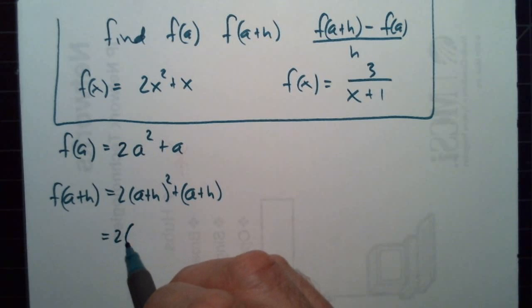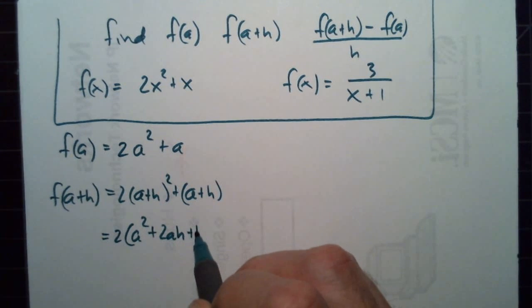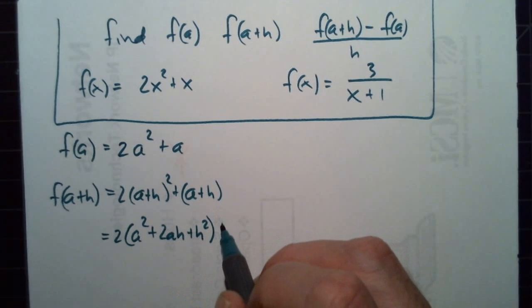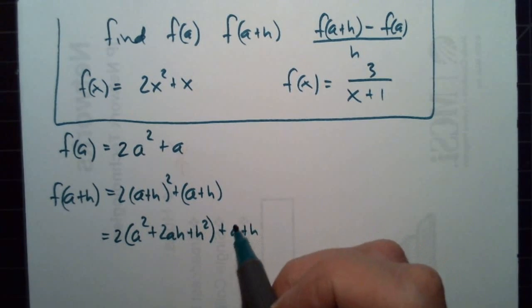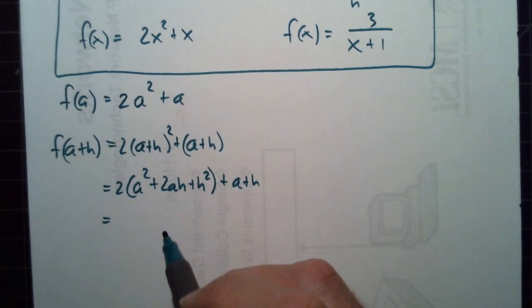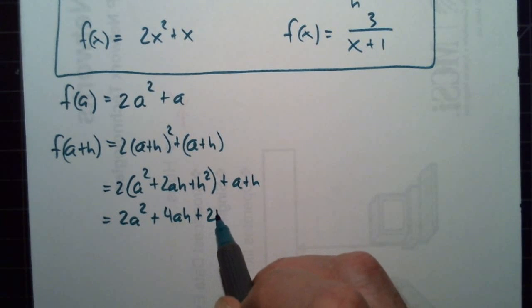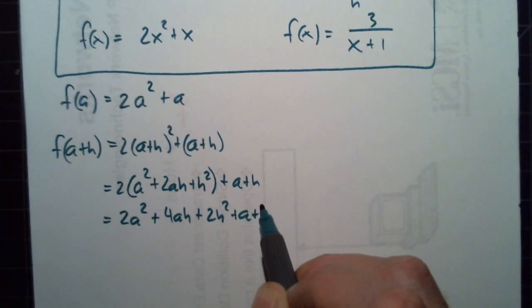We have to distribute it. A squared plus 2ah plus h squared plus a plus h. And that's going to be 2a squared, 4ah, 2h squared plus a plus h.